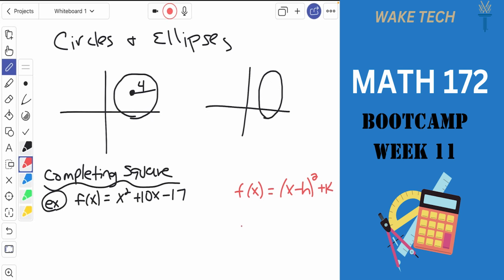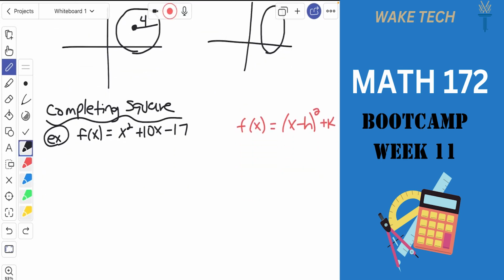We need to figure out h and k. Completing the square, we're talking about a perfect square as part of the way the function is expressed. And so the screenshot I sent has 5 steps that you can follow. You may not necessarily need to differentiate each of these. It's really just one continuous process.